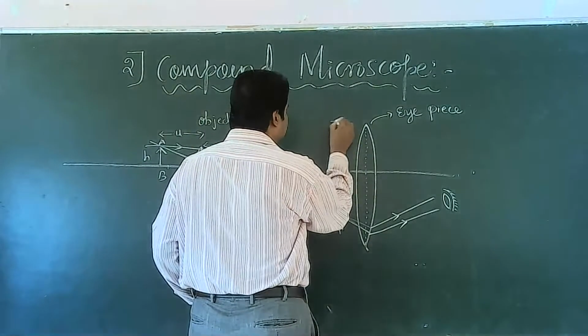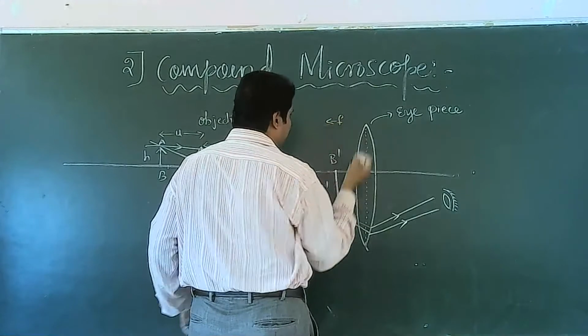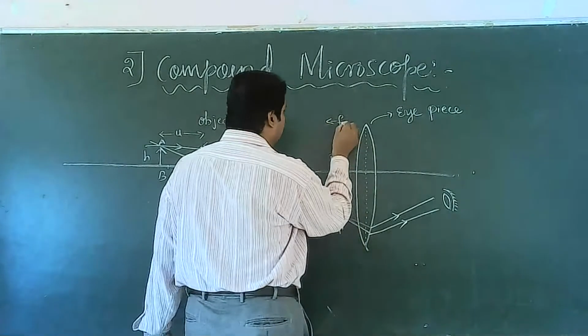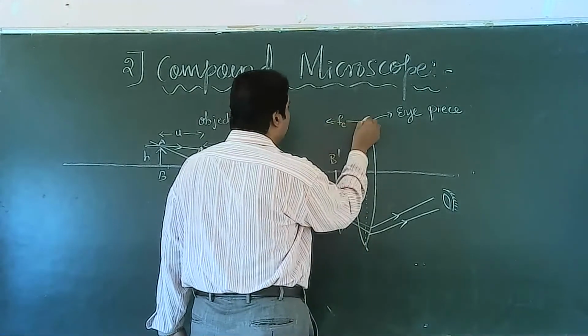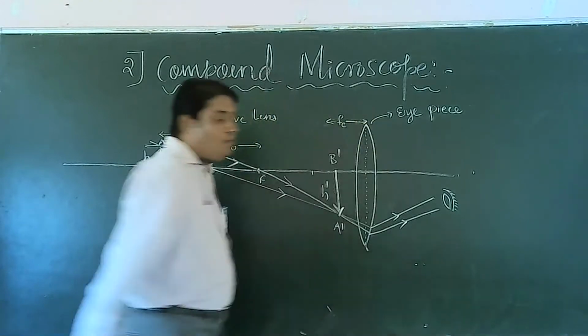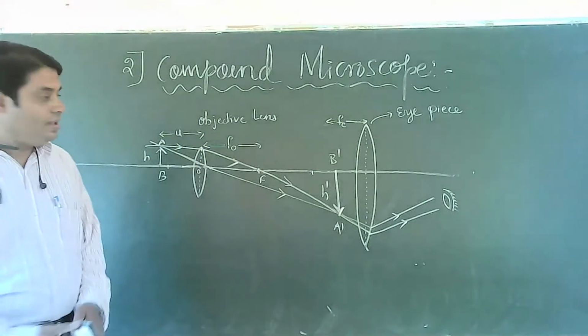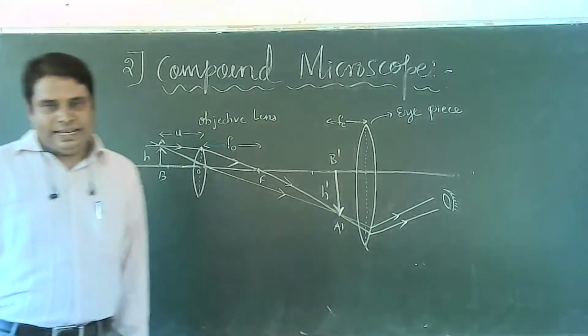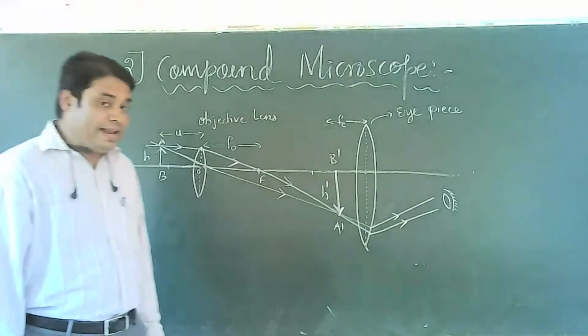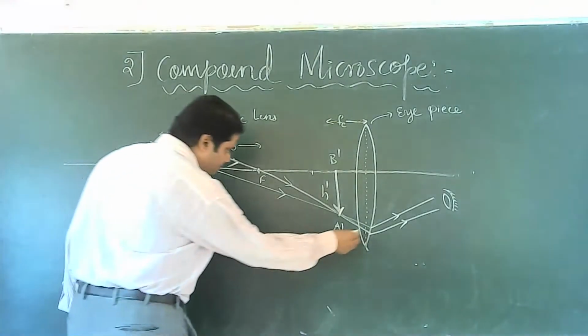Now, if this distance is exactly equal to the focal length of the second lens, the eyepiece, then what we observe?